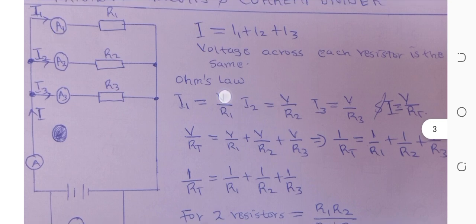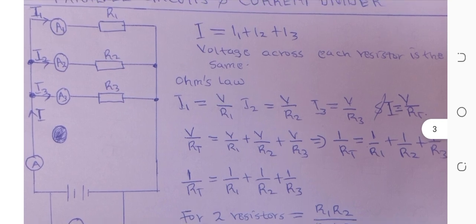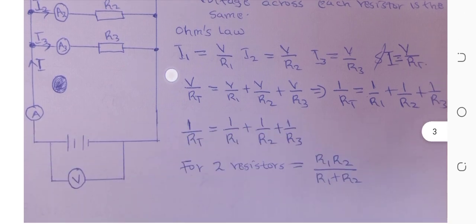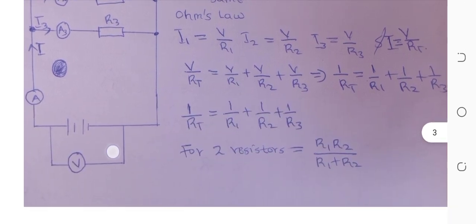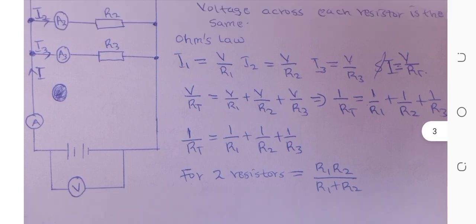equal to voltage, because it is equal everywhere, all over R1. Then current 2 is equal to voltage V, that is the total voltage, the voltage supply, all over R2. Then I3, the last one here, is equal to V all over R3.